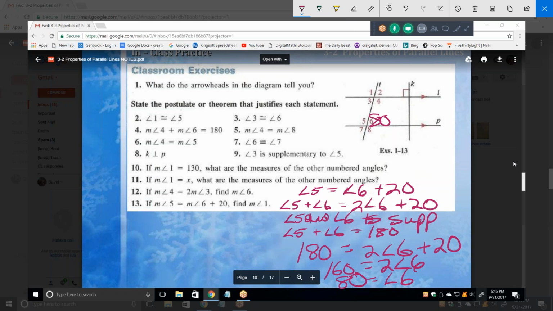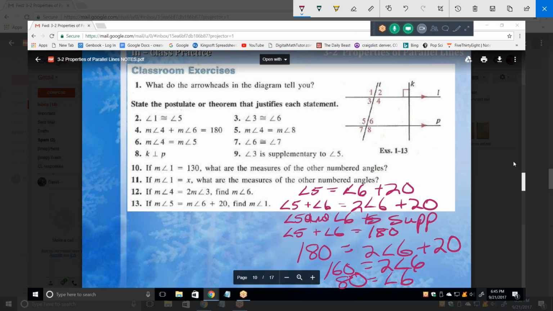And now what's angle 1? 100. Okay. And again, I'm not sure you could directly say that. Perhaps you can't. We don't have a theorem that relates angle 6 to angle 1. We have a theorem that relates angle 8 to angle 1.